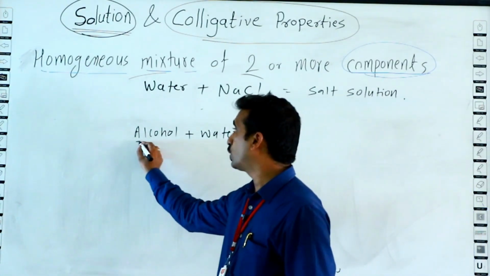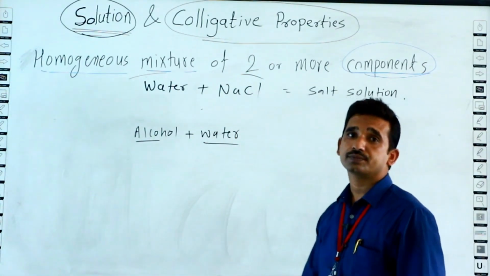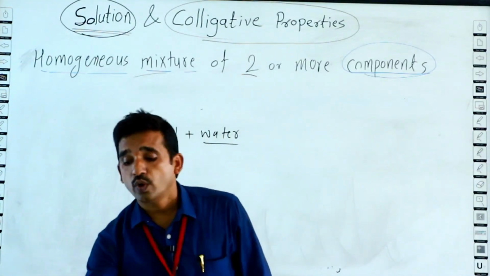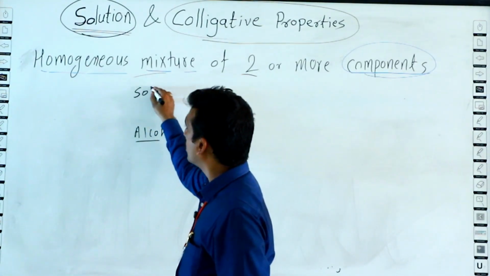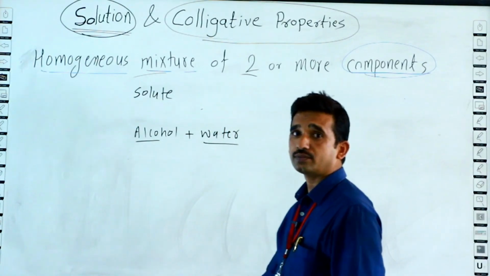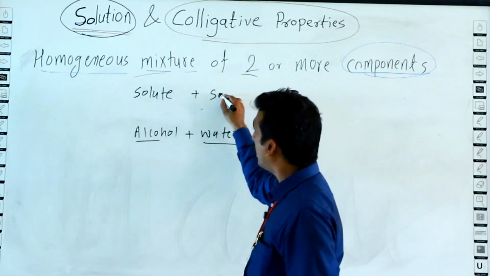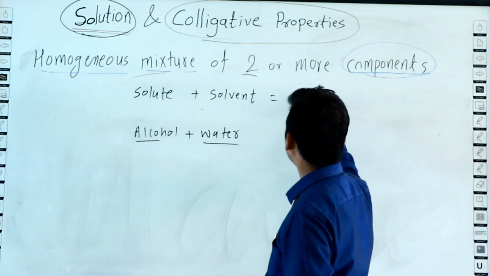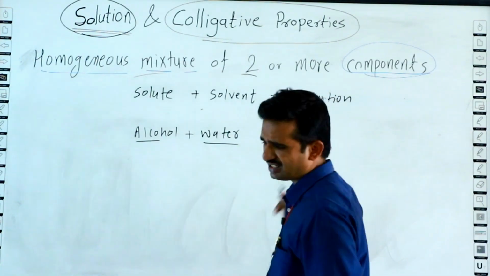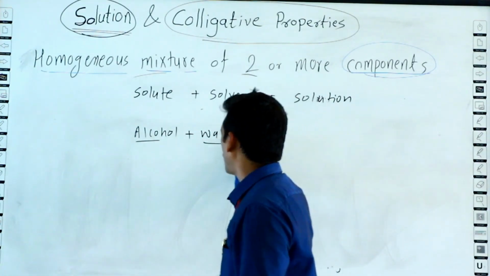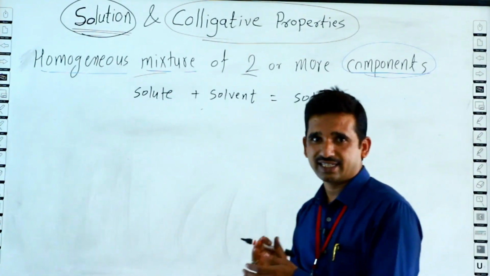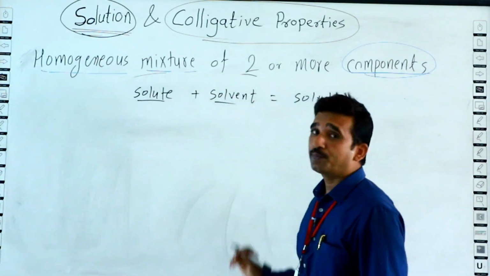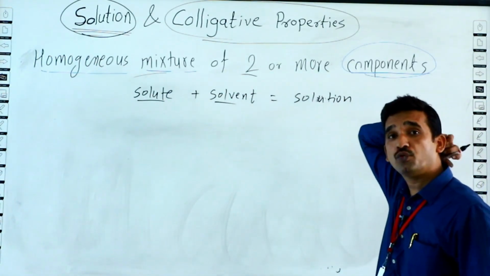In these two systems, one is a solute while the other is a solvent. These are things you have studied in so many classes, I think 8th or 9th class. Solute plus solvent gives formation of solution.